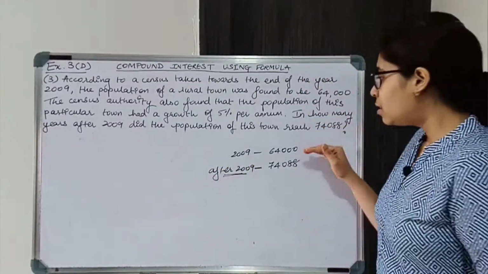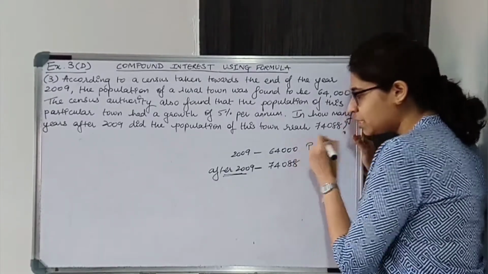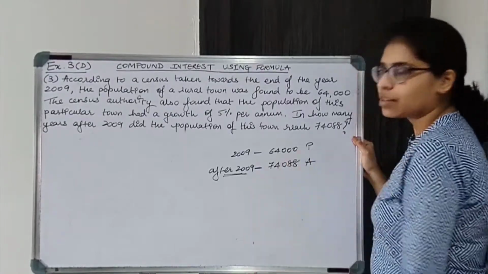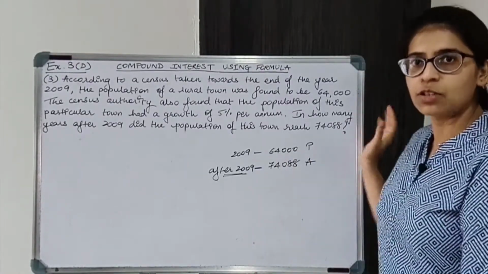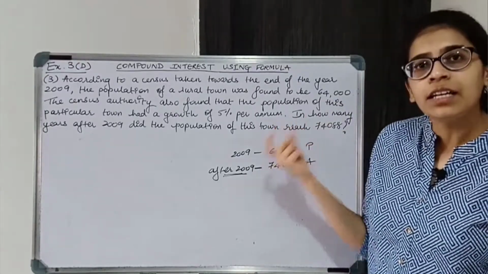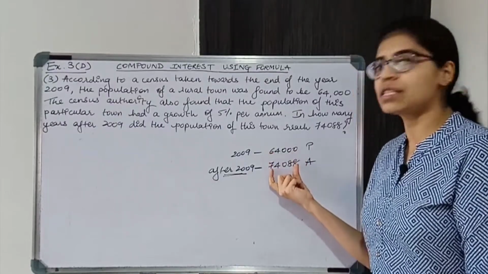Now, the population in the year before will be principal, population in the year after will be amount. The quantity given in the year before is always principal, the quantity given in the year after is always amount. So this is principal, this is amount.